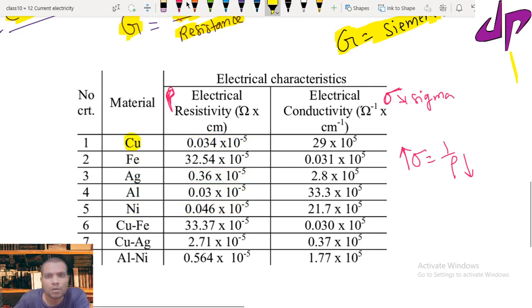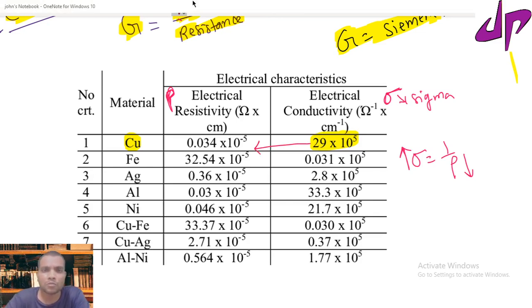Here is copper. You can see the conductivity of copper is huge, 29 times 10 power 5 ohm centimeters inverse. With that much conductivity, its resistivity is very low, of the order of 0.034 times 10 power minus 5 ohm centimeter.